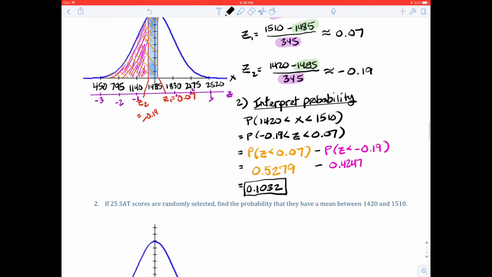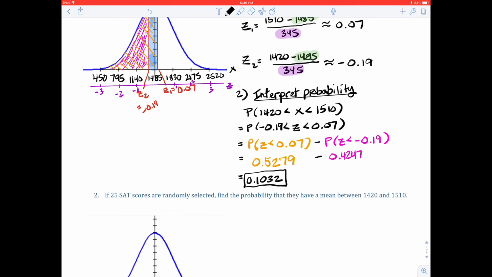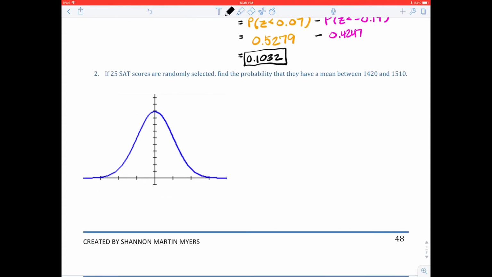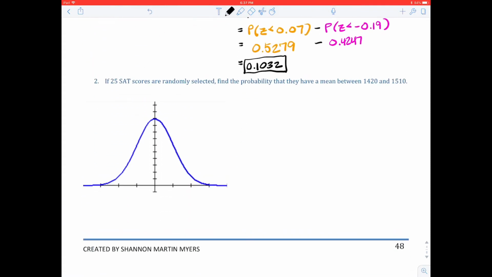All right, so now let's take a look at this one. And it's worth drawing it out again, okay? Because again, it's the same stuff for X, okay? But now we're looking at if 25 SAT scores are randomly selected, find the probability that they have a mean between 1420 and 1510, right?